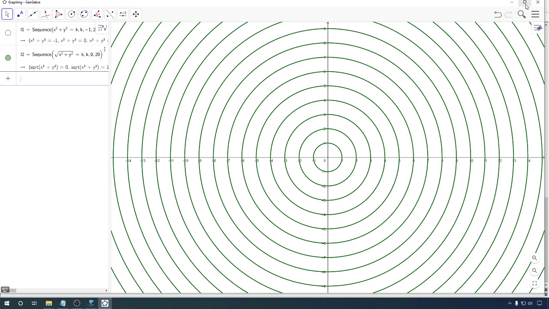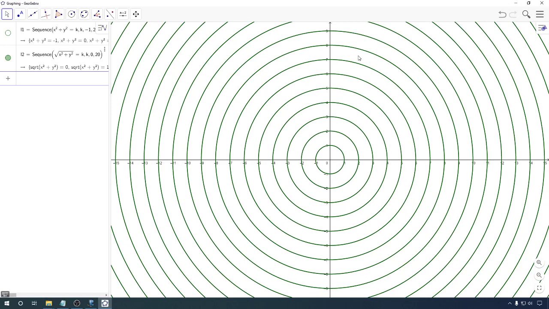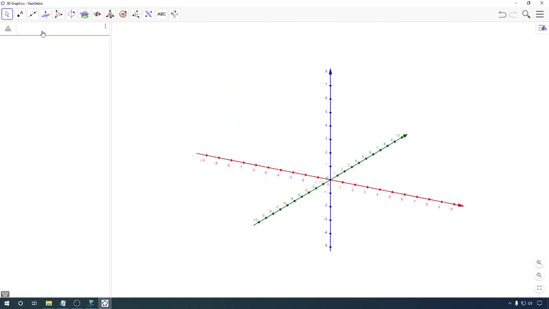Now, if we do want to plot these and see what that actually means overall, we can go ahead and use what GeoGebra allows us to do with three-dimensional plots. So here we have our three-dimensional axes. We're going to type in z equals x squared plus y squared. That was our first surface.